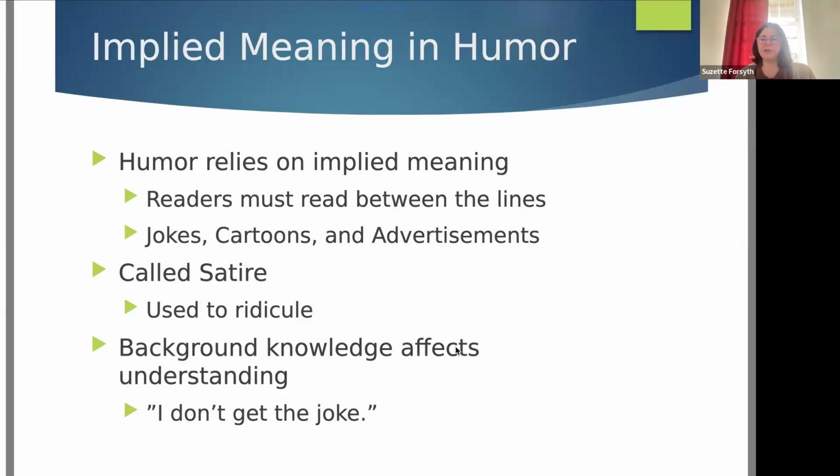So if it's a caricature of somebody and you have no idea who that person is, you're not going to be able to understand what they're making fun of the person for, right? Because most of those political cartoons and other kinds of cartoons are definitely generated to criticize someone or something that's going on, and they do it in a comical way.